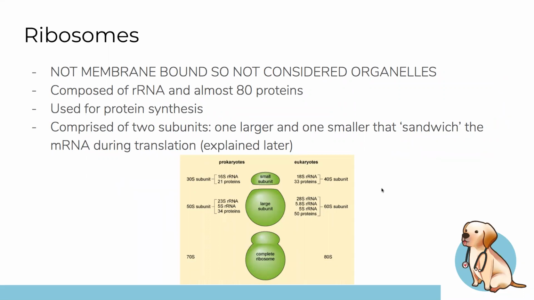They don't tell you this in school, but there is a smaller subunit and a large subunit. Their names vary depending on whether you're looking at prokaryotes or eukaryotes, as you can see in the picture. In prokaryotes, it's the 30S and 50S subunits, whereas in eukaryotes, it's 40S and 60S. Those two subunits have different purposes, but we will get into that when it's more relevant towards protein synthesis.